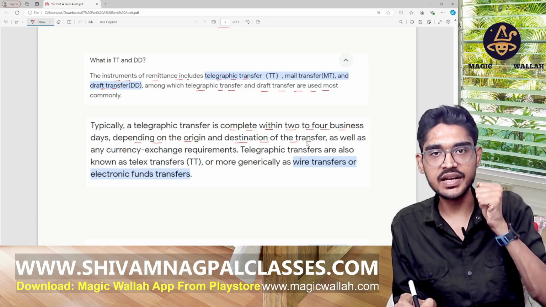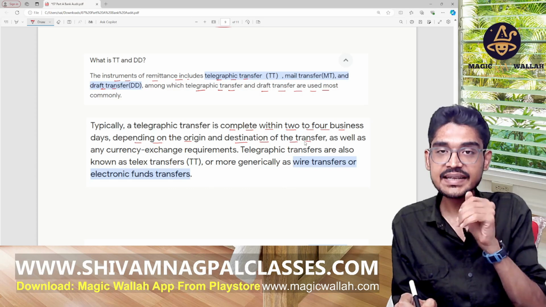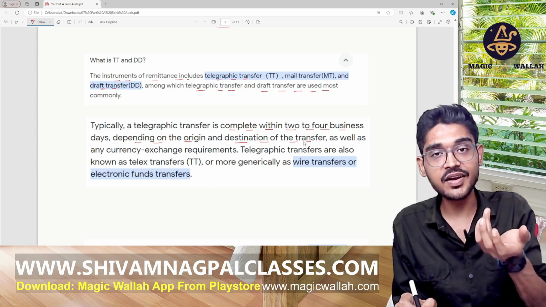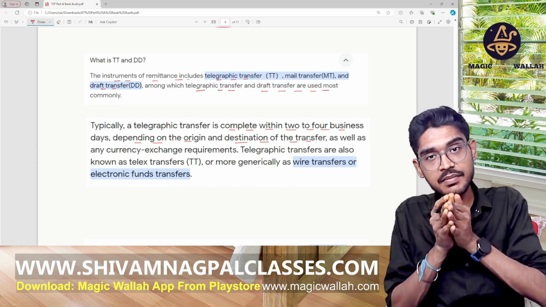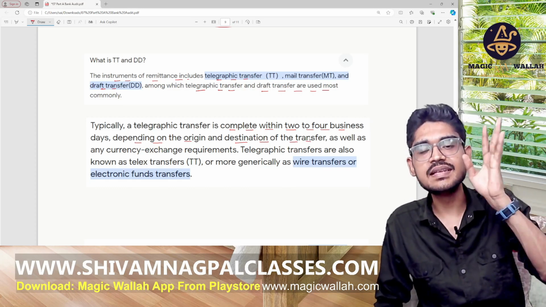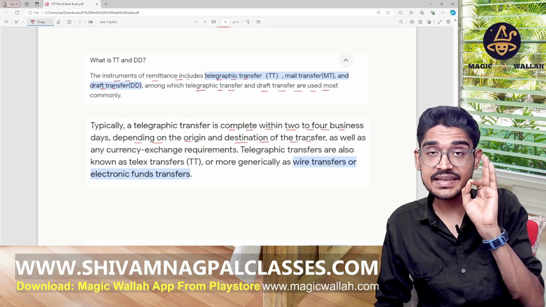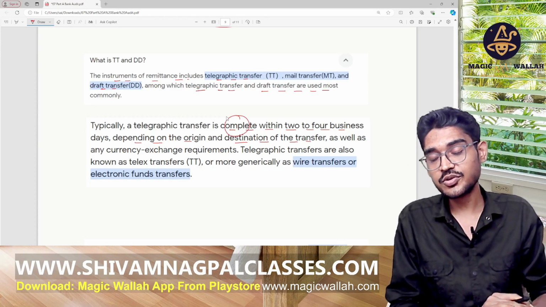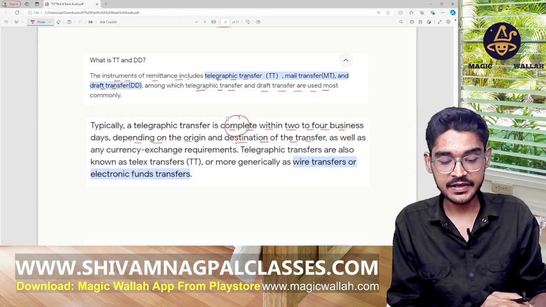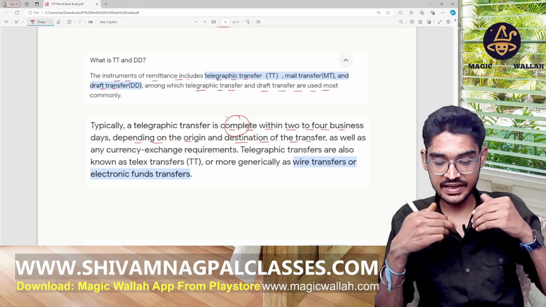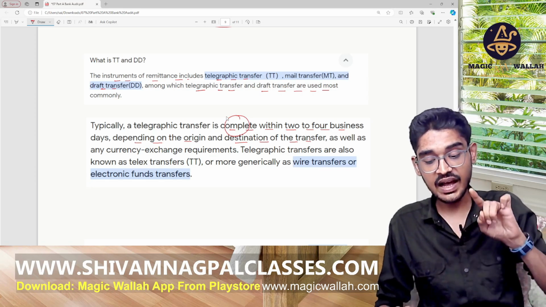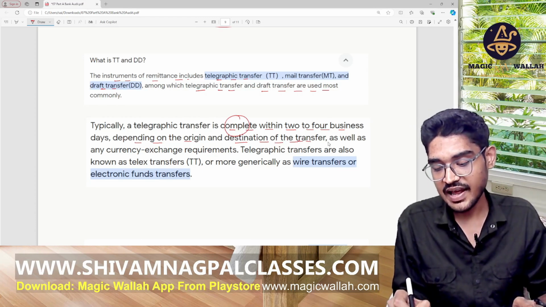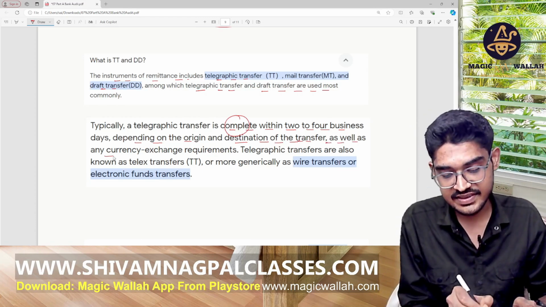UPI we use in India, but TT, the telegraphic transfer, and the draft and mail transfer are used for sending money to foreign countries, mainly in the foreign currency itself. Say India is the origin and the destination is America, as well as any currency exchange requirement.